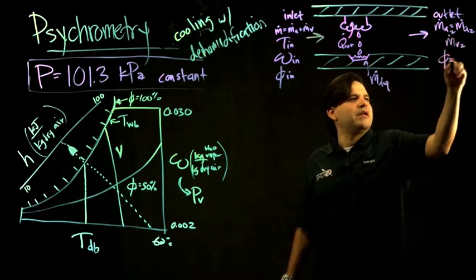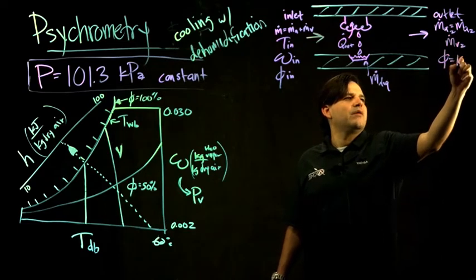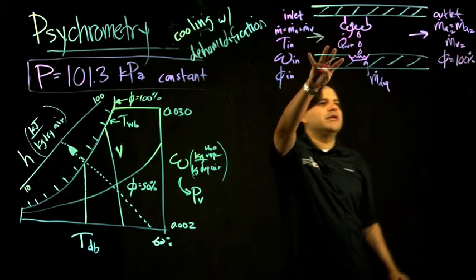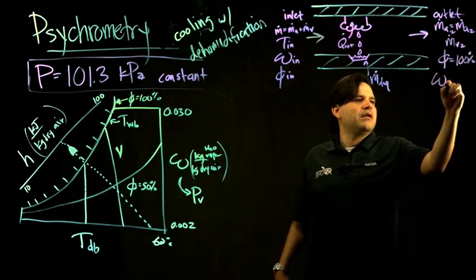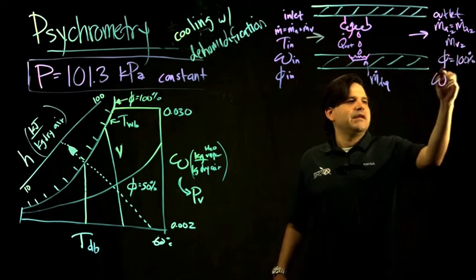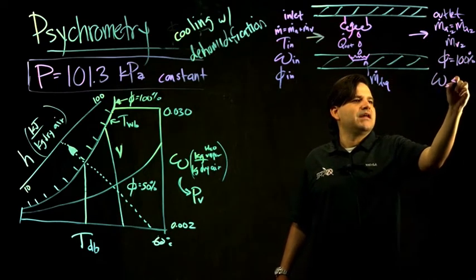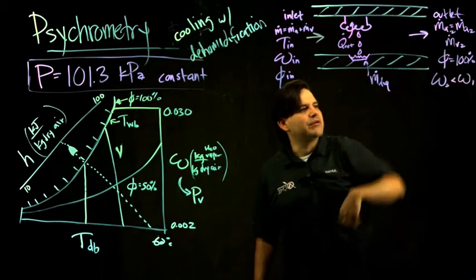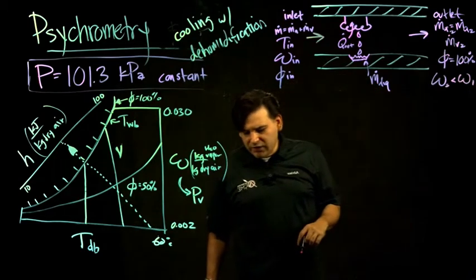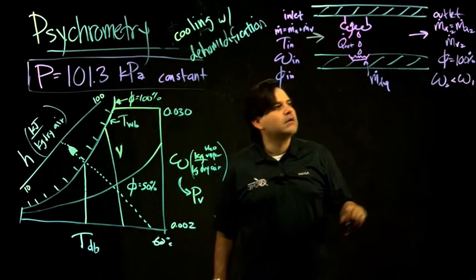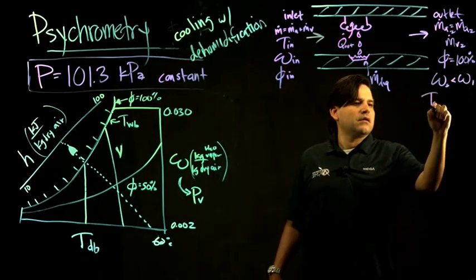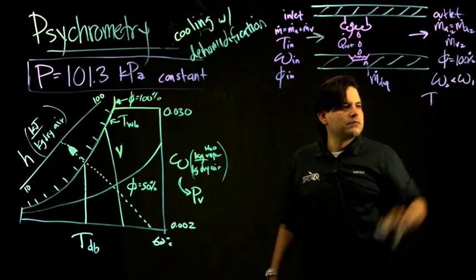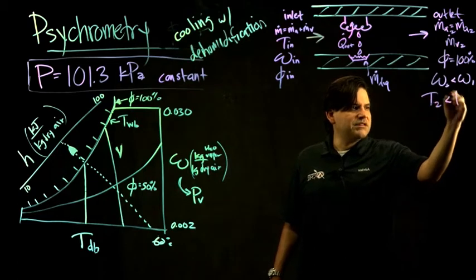In this case, we know that we're going to stay at saturation, 100% saturation, but the actual mass of vapor in this stream is less than what you started off with. Why? Because some of the liquid is in a separate stream with the condensed water. And of course, from our intuition, T2 is less than T1.